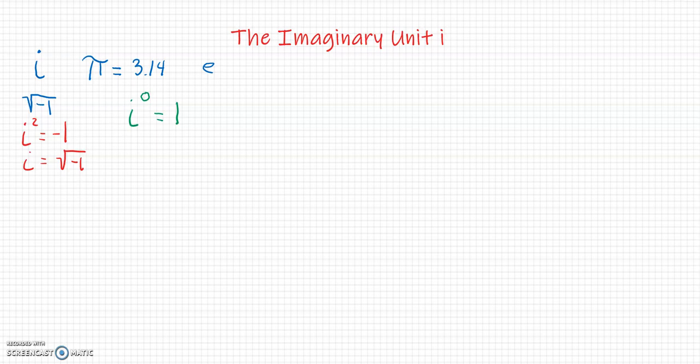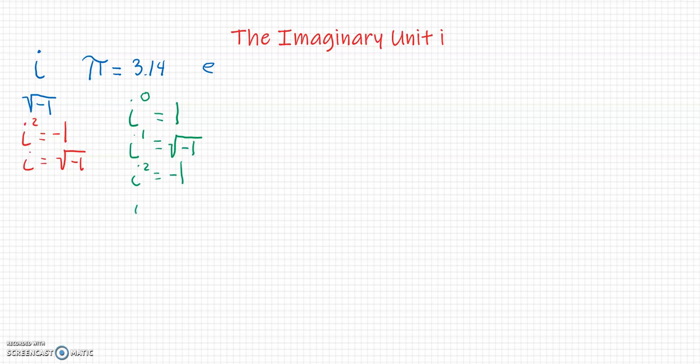So now I'll continue to raise i to various powers. So we got i to the 0 is 1. We'll take i to the first power. Well, we just saw over here, i to the first is equal to the square root of -1. Continuing, i squared, as was said earlier, is equal to simply -1.